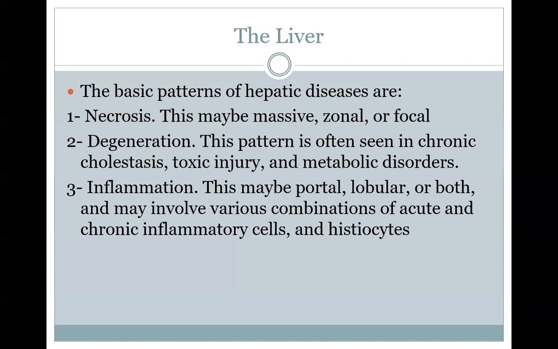Toxic injury, for example, we can talk about iron accumulation, increased iron deposition in the liver that may happen as a result of secondary causes, such as what happens when the life of someone becomes dependent on multiple transfusions, such as in those very hard to treat kinds of anemias, such as thalassemias and sickle cell anemias.